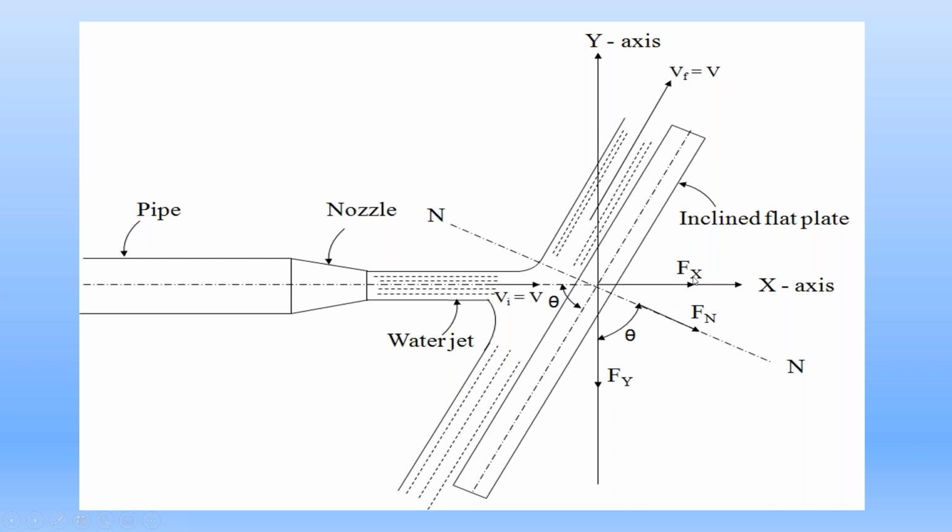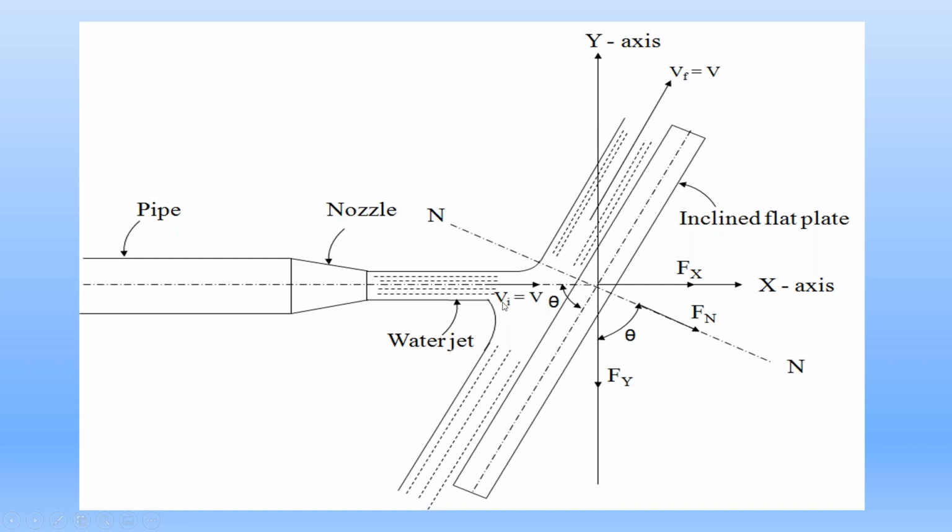Before going to discuss the derivation of Fx and Fy, check out the velocities first. Look at the velocities. Before impact, the water jet is horizontal. Before impact, let V be the velocity of the water jet, that is the initial velocity Vi.